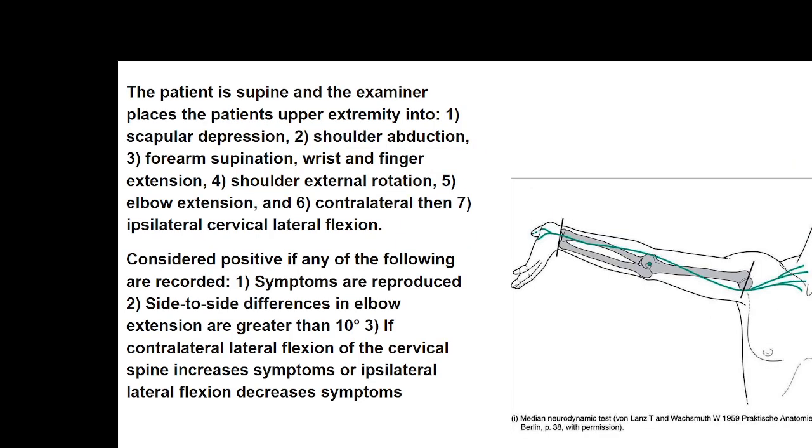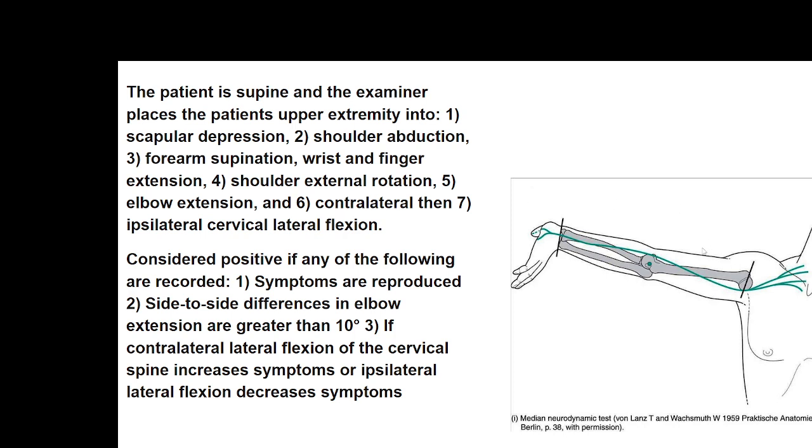Another test is the shoulder extension test, where the patient is made to lie down in the supine position, and the arm is extended, which produces capillary depression. The shoulder is abducted, and the forearm is supinated.